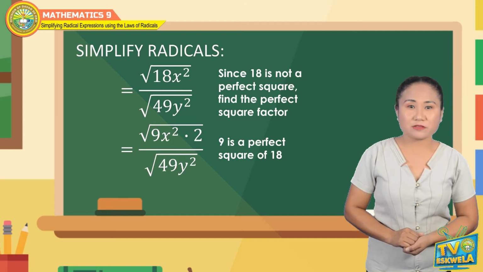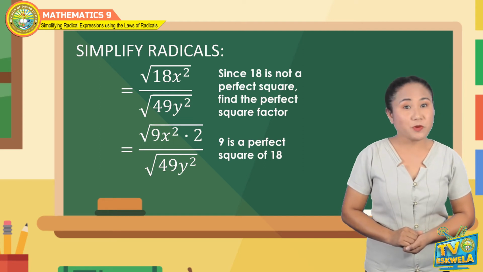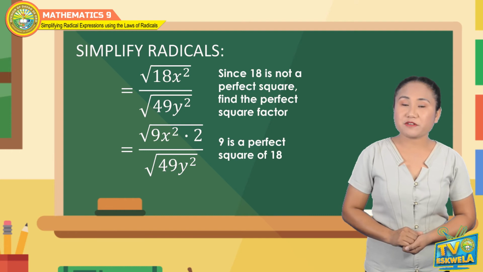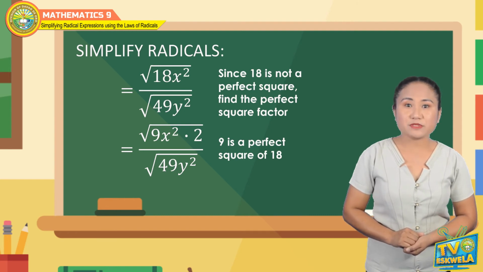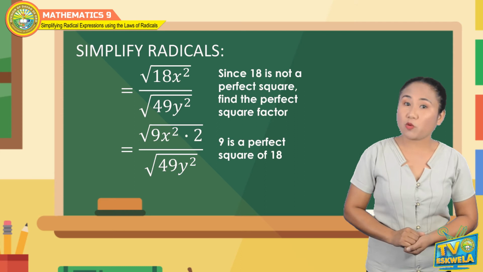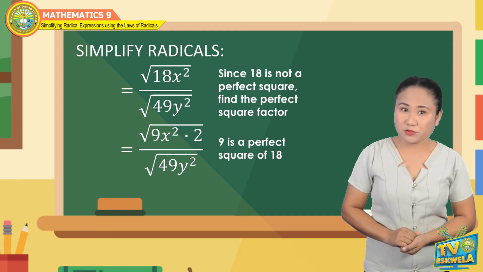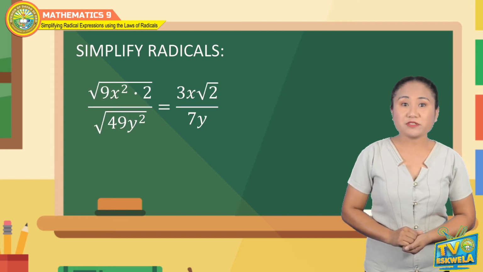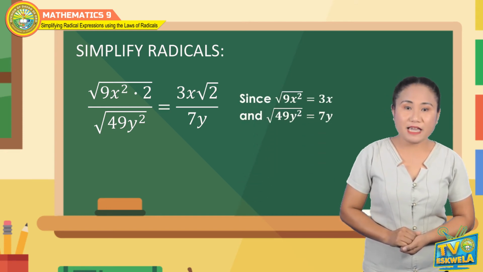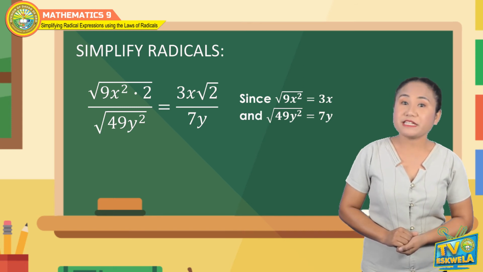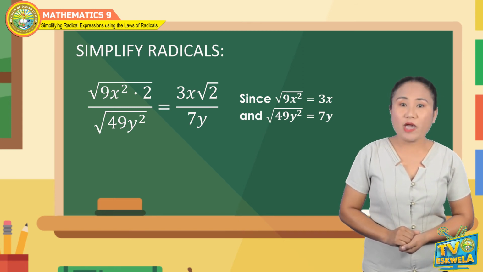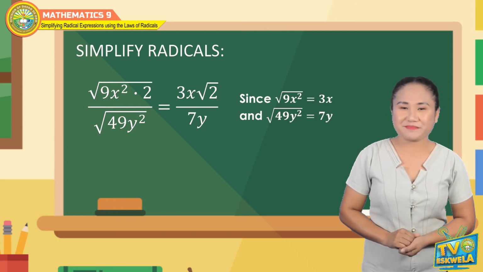If we factor out the perfect square, the expression is now square root of 9x squared times 2 all over square root of 49y squared, which is equal to 3x square root of 2 all over 7y. Since square root of 9x squared equals 3x and square root of 49y squared equals 7y.